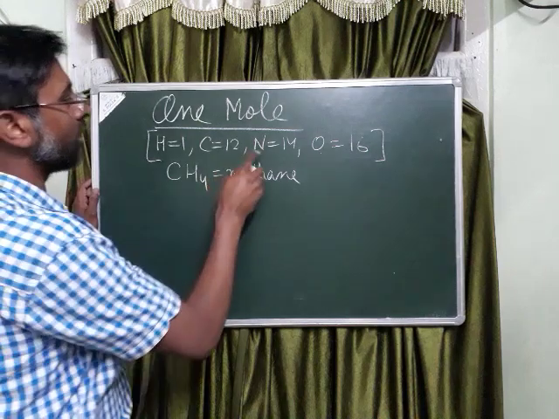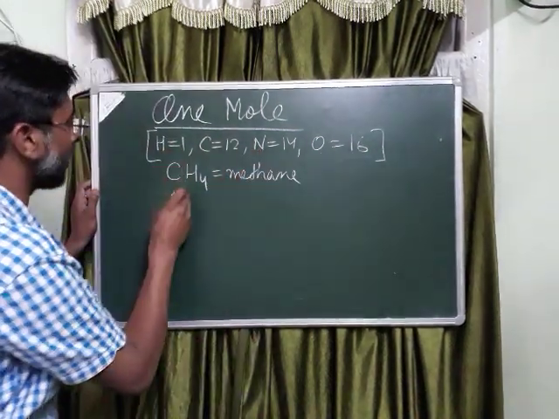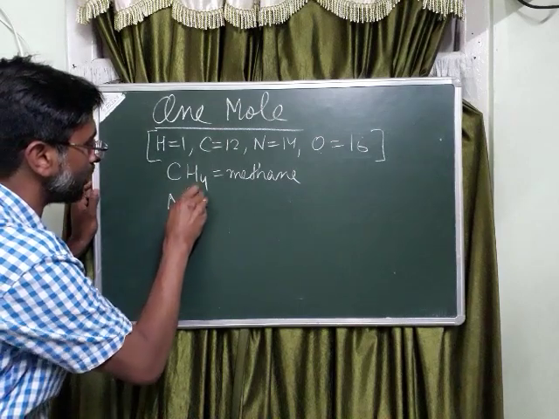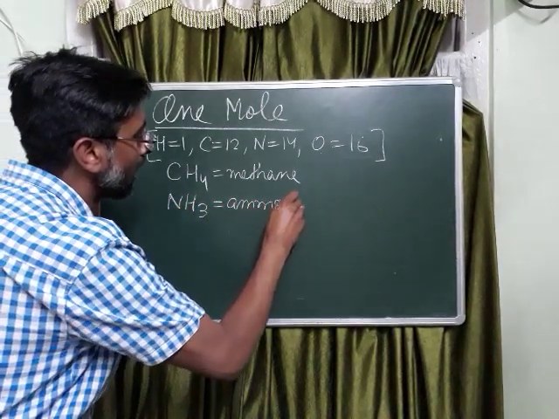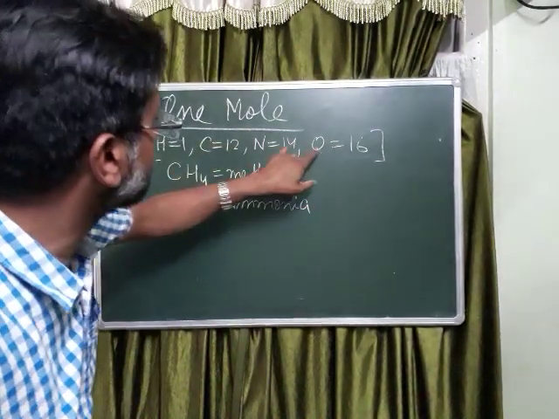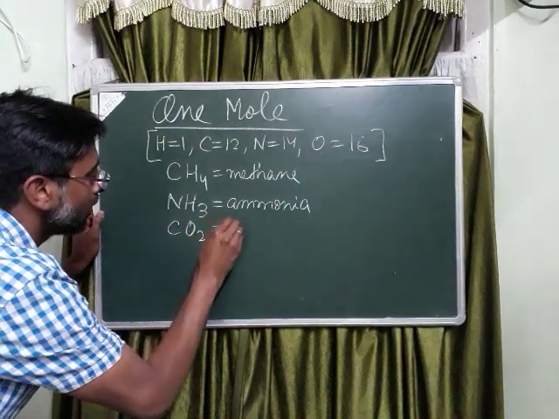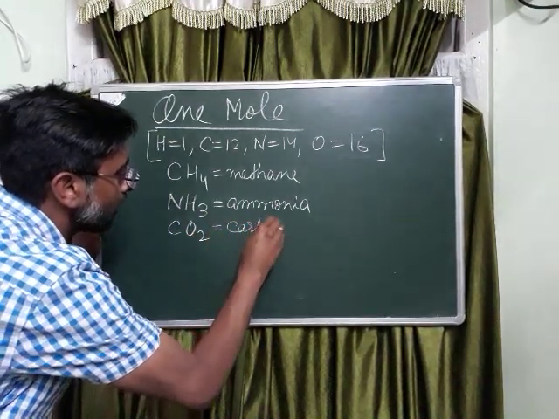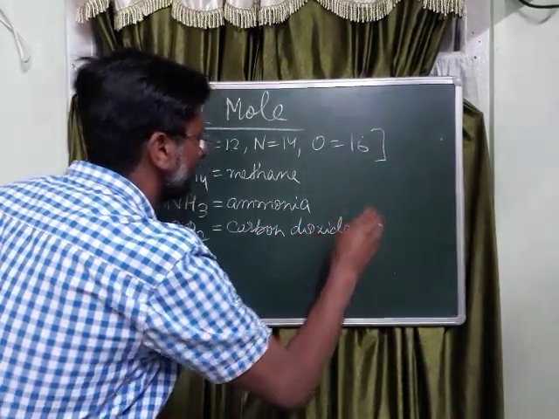Let me combine other elements also. For example, if I combine nitrogen and hydrogen, I can prepare NH3, which is ammonia. If I mix carbon and oxygen, I can prepare carbon dioxide.